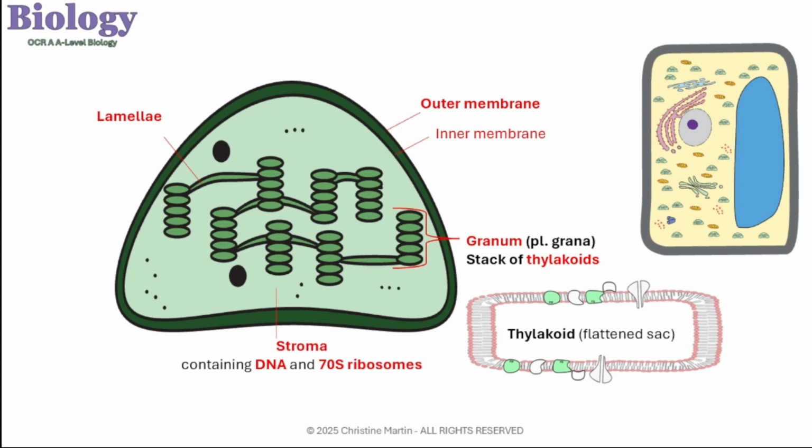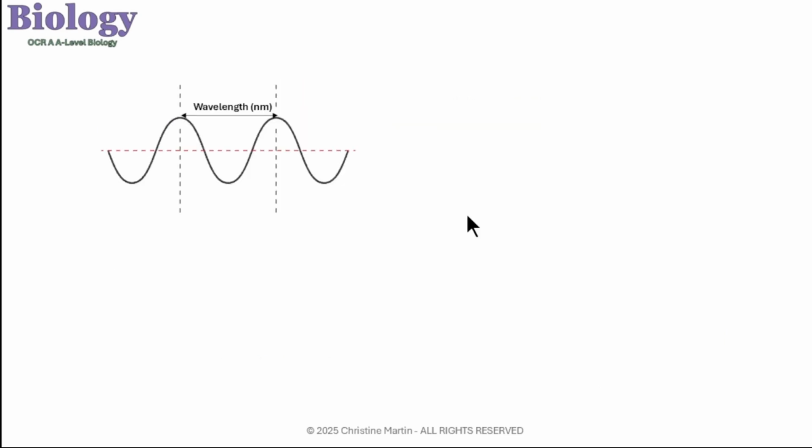So to understand how chloroplasts absorb light, we need to take a step back and remind ourselves about visible light. Visible light from the sun is composed of a range of wavelengths, 400 to 700 nanometers. Now the wavelength is the distance from one point of a wave to the same position on the next wave, for example, peak to peak, or it could be trough to trough.